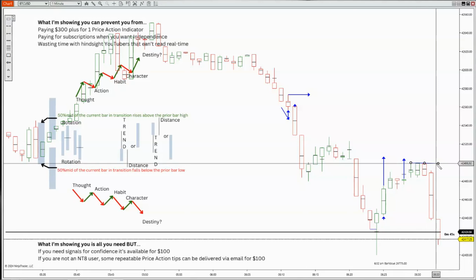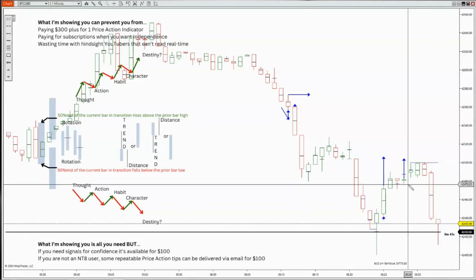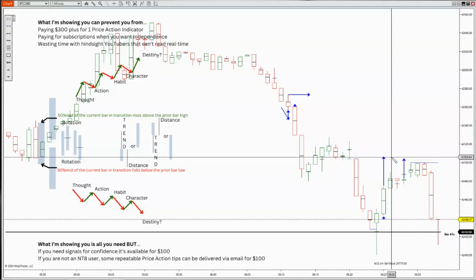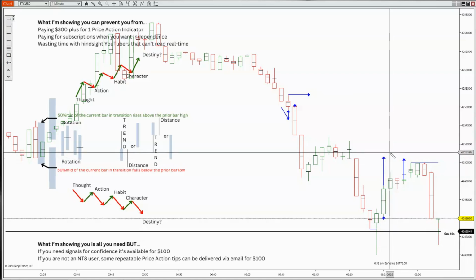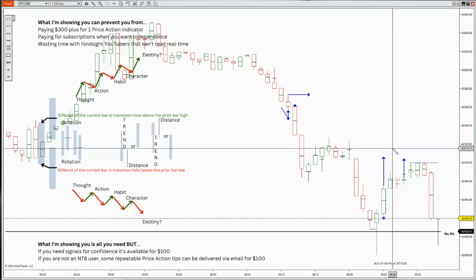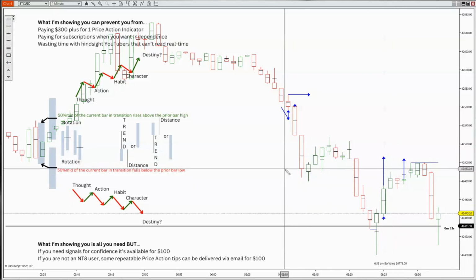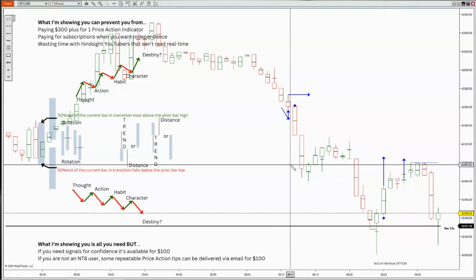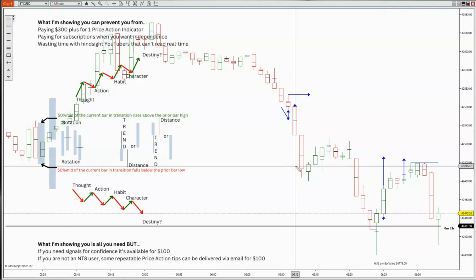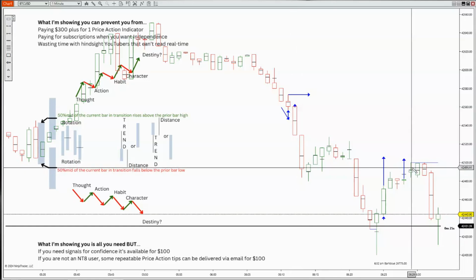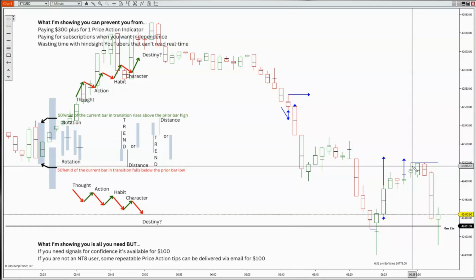All right, so that trend, okay, they couldn't quite get there. If you're new to the channel, you don't know this: I teach trend distance. That's what I teach. Oftentimes, once they make the trend distance, they rotate. So now I'm showing it to you on a very minute scale.